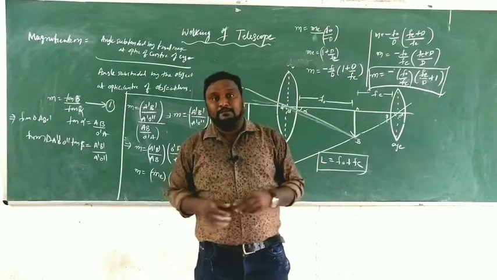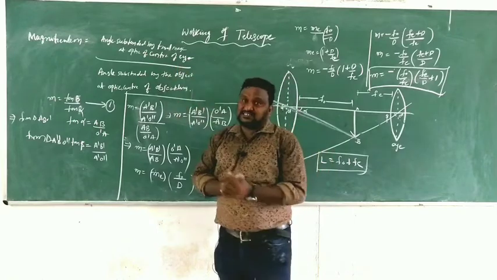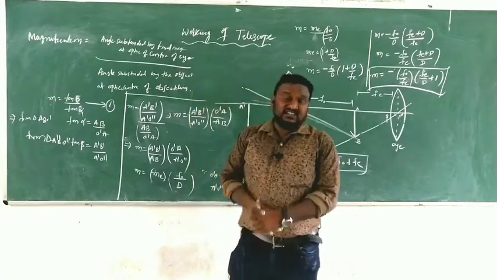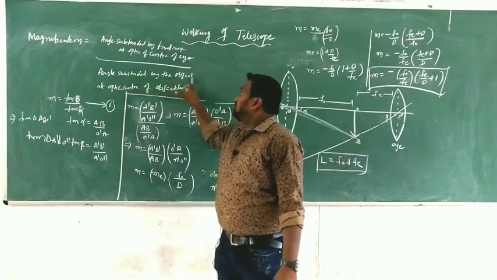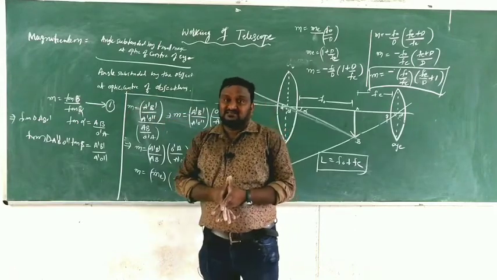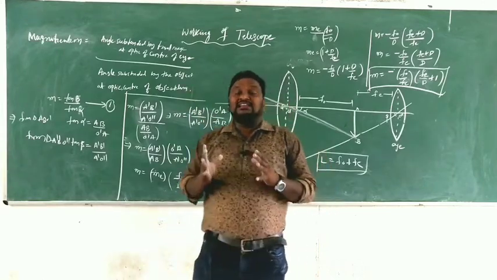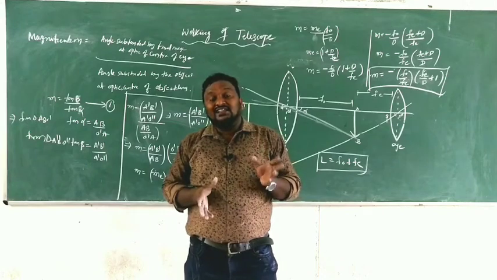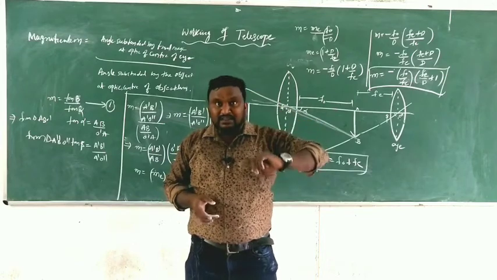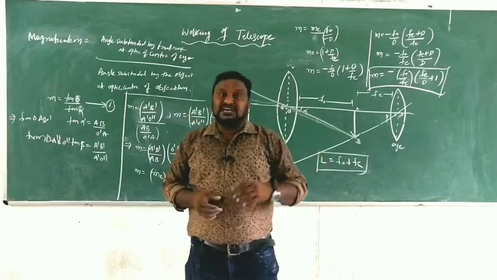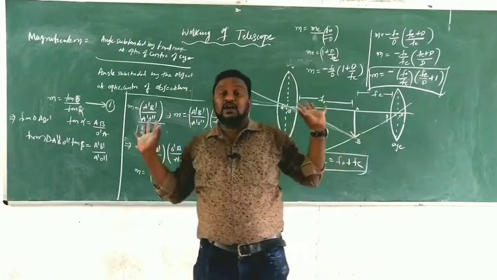The ratio of the angle subtended by the final image at the optic center of the eye lens, that is beta, to the angle subtended by the object at the optic center of the object lens, that is alpha, because it is viewed unaided.